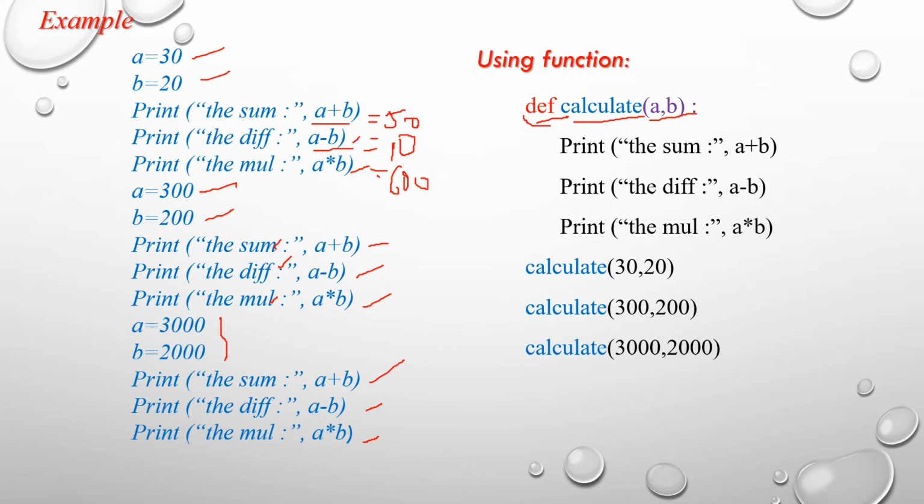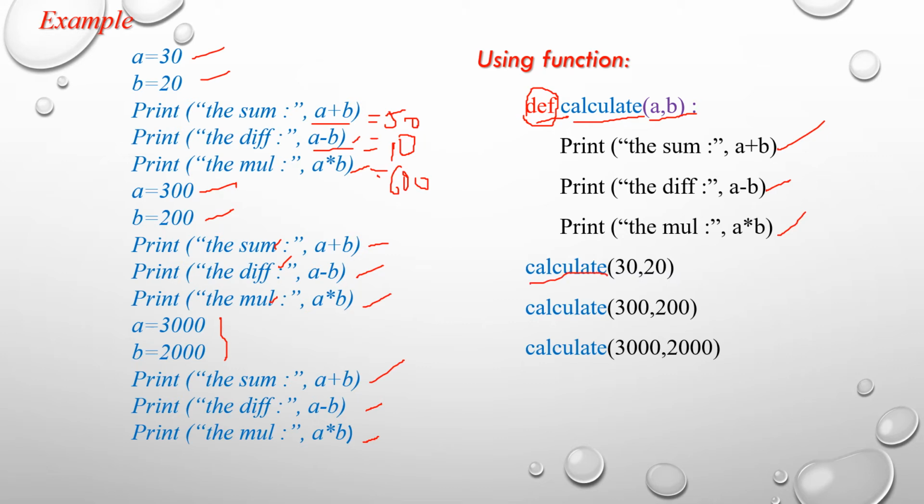Here we print the sum, a plus b. This is the first printing statement, the first task, and the second task is a minus b, and the next one is a product b. So here we call the function.